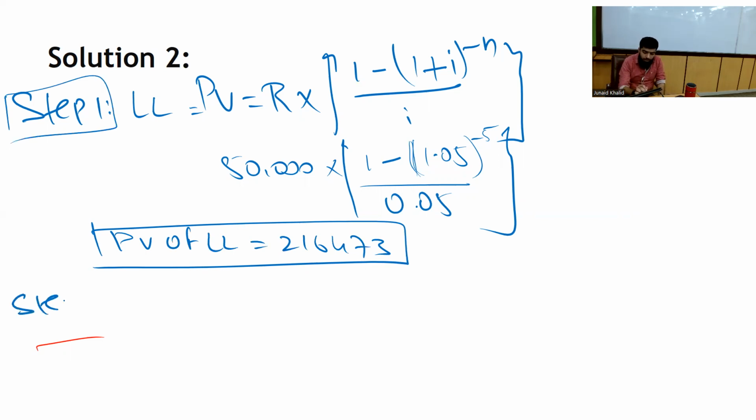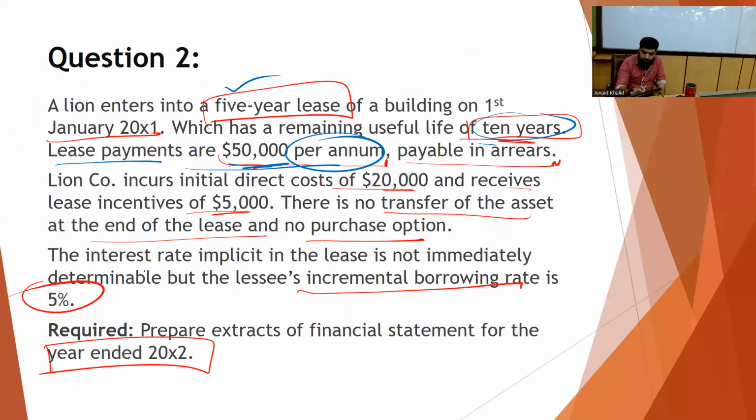Step number two, let's calculate the right of use asset. The first component is the present value of lease liability, that is 216,473. Second is indirect cost, if there is any.